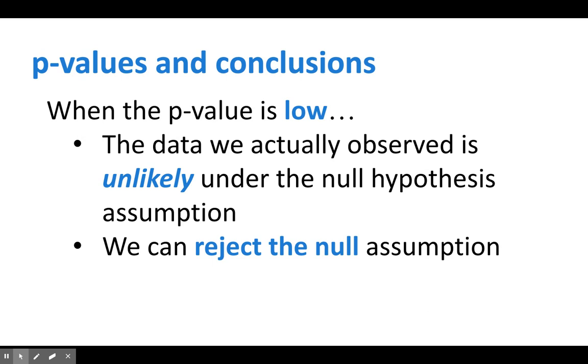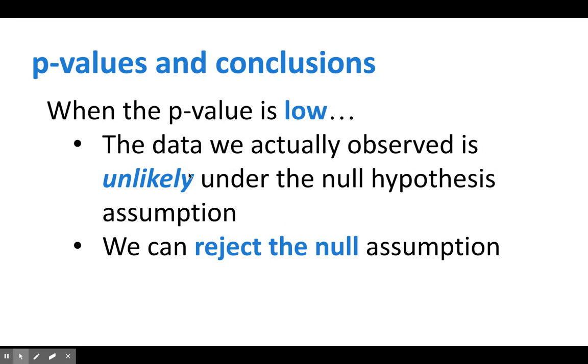So, based on what it is and what conclusions you would make, when the p-value is low, that's saying that the data you actually observed is unlikely to happen if the null hypothesis is true, and you would reject the null.